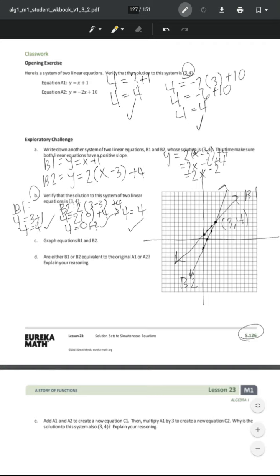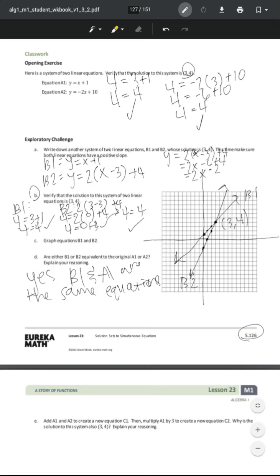All right, so part D says, are either B1 or B2 equivalent to the original A1 or A2? So yes, because B1 and A1 are the same equations, right? So we didn't change anything between the two. They're the exact same equations.